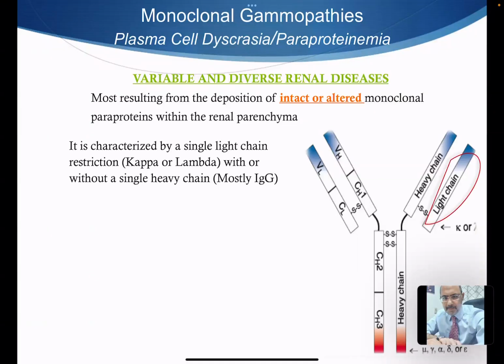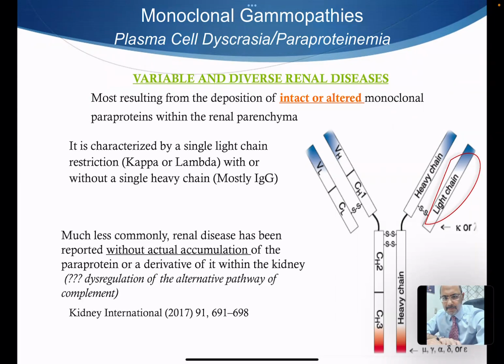It's characterized by a single light chain restriction, and this is an important clue. Light chain restriction disease, either kappa or lambda, with or without, again, a single heavy chain, mostly the immunoglobulin G, although M, A, and even D have been seen.